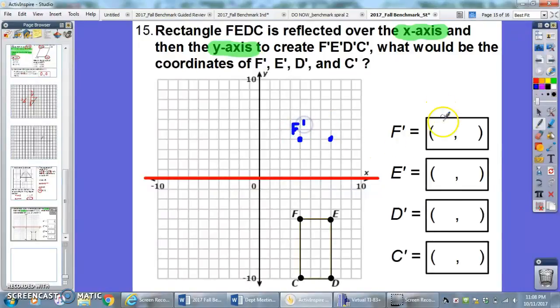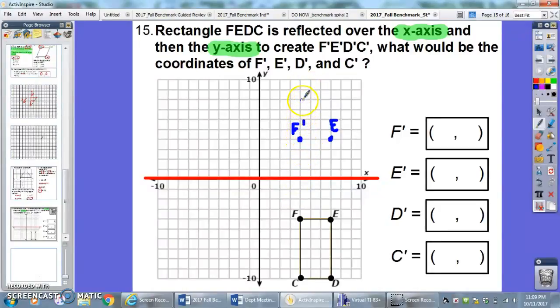Since we have to write the coordinates down, I want to make sure I keep everything organized so it's really easy to answer. Okay, so the other 2 points, C and D, are further away, but all I got to do is count the number of spaces. 3, 4, 5, 6, 7, 8, 9, 10. So it's 10 spaces away. That means I have to count 10 spaces in this direction.